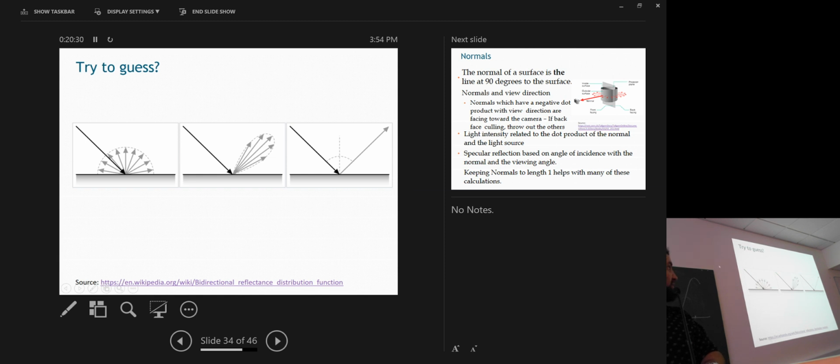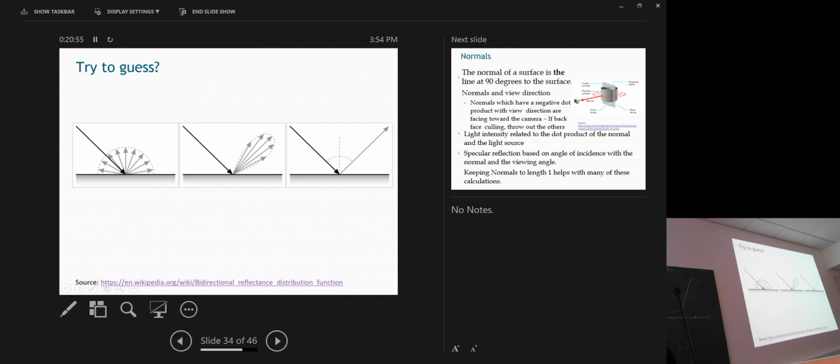Can you guess what kind of reflections those models depict? So what is this, and this one? Middle one, what is it? Yeah, that's right.